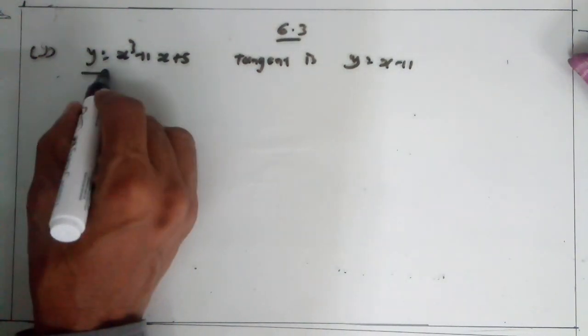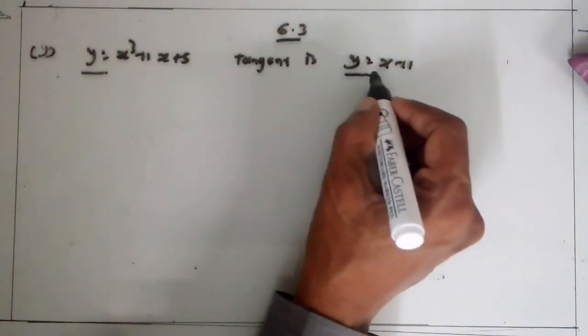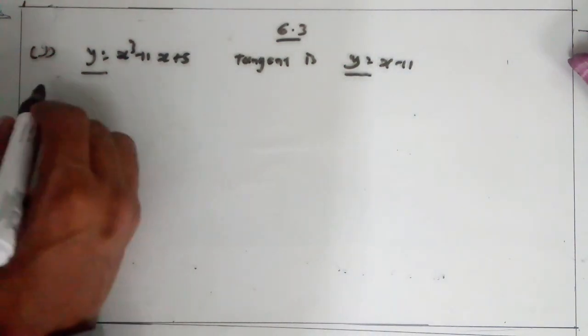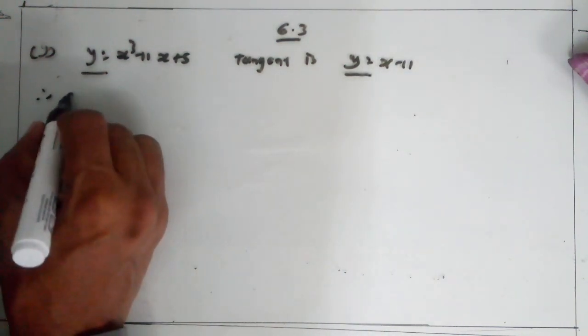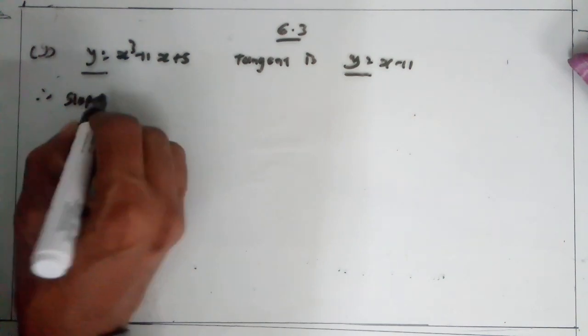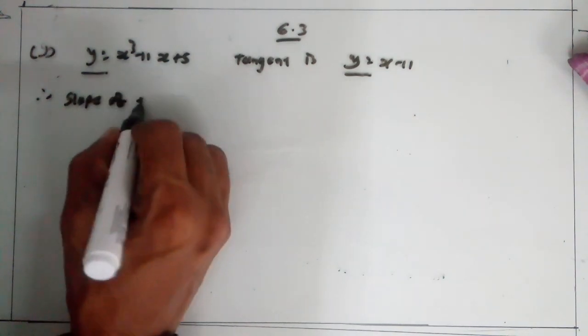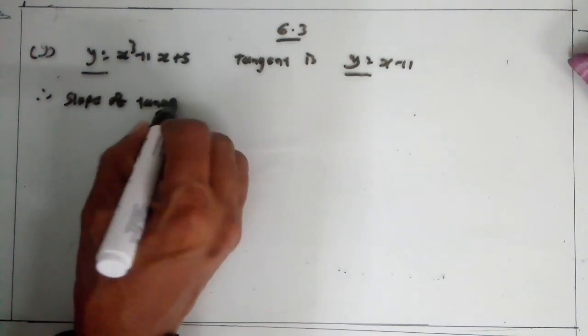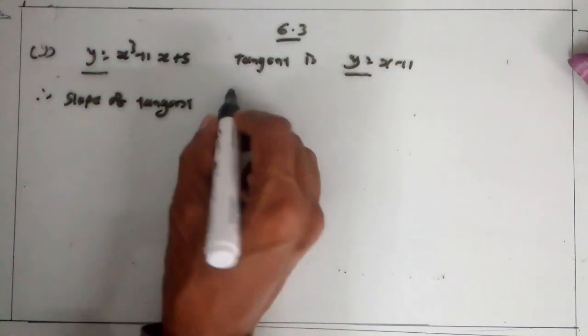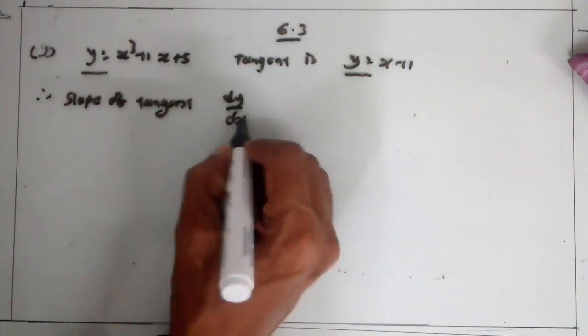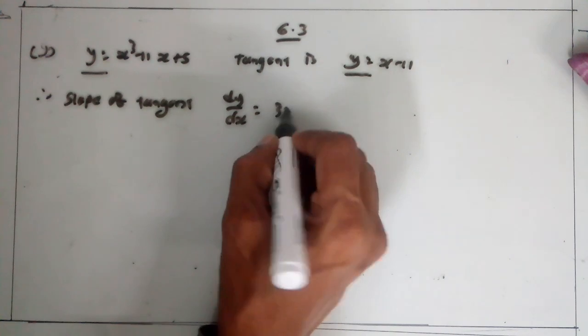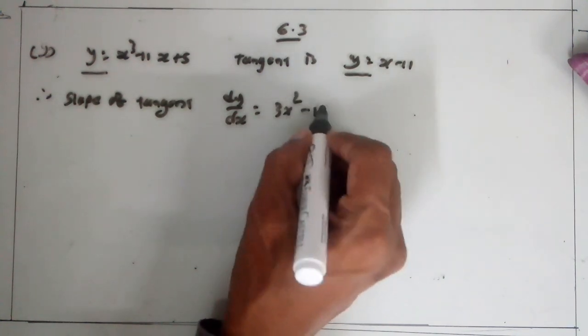Here the slope of the tangent is equal to the slope of this tangent line. So first we get the slope of the tangent, dy/dx is equal to 3x square minus 11.